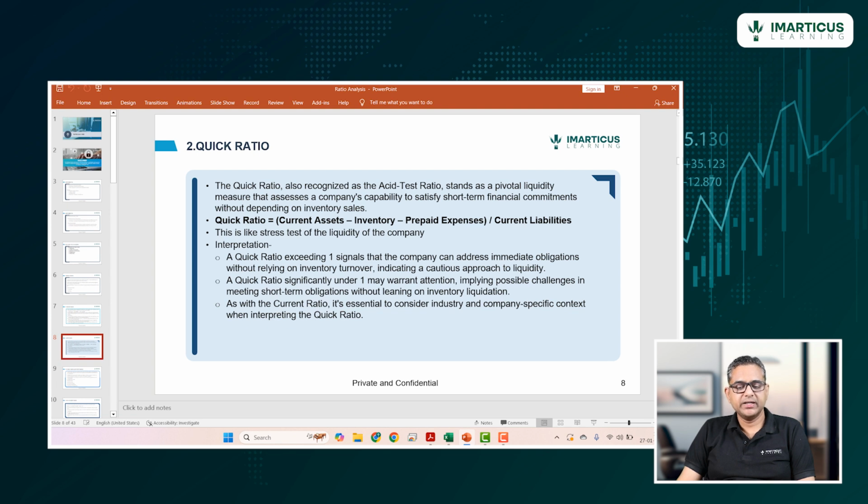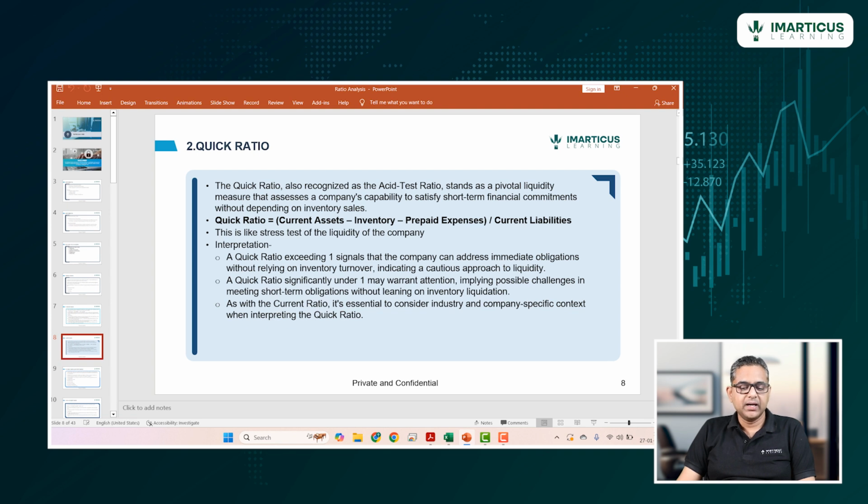Interpretation: a quick ratio exceeding 1 signals that the company can address immediate obligations without relying on inventory turnover, indicating a cautious approach to liquidity. A quick ratio significantly under 1 may warrant attention, implying possible challenges in meeting short-term obligations without leaning on inventory liquidation.